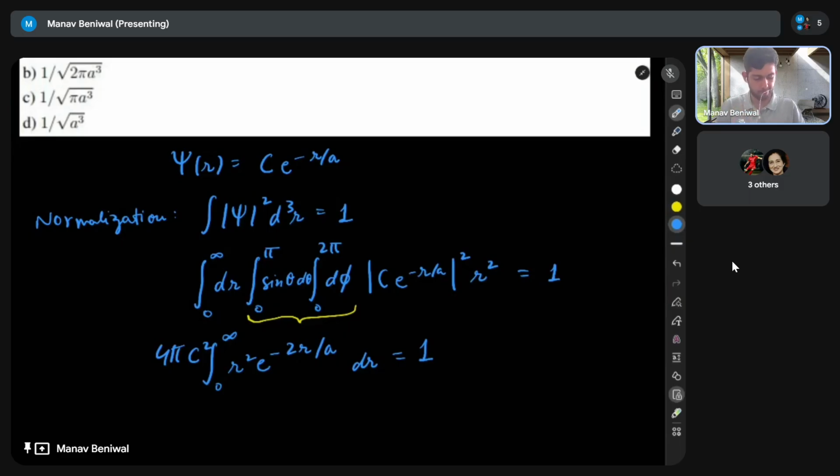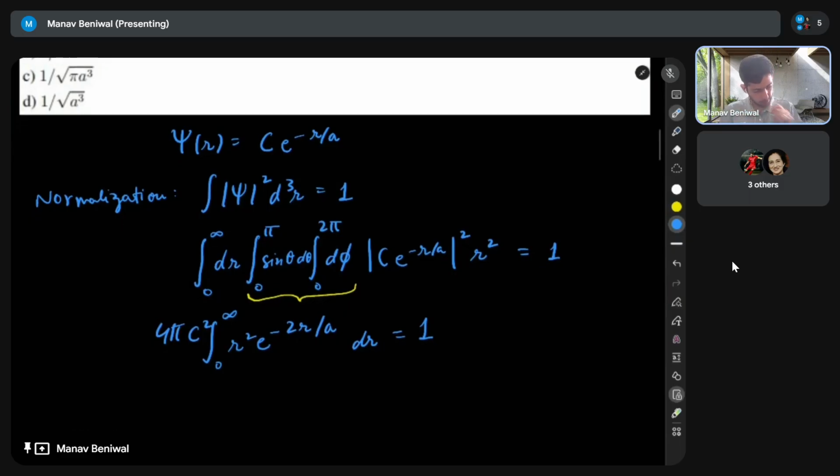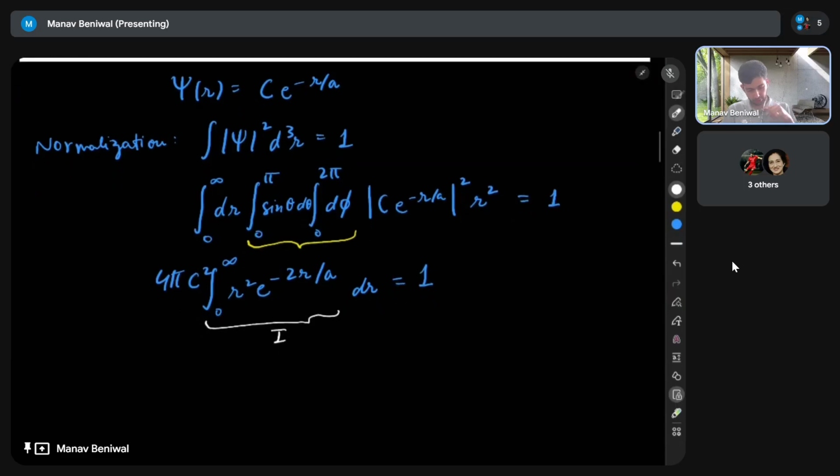So now let us call this integral I. If you know gamma functions, then you already know that this I is nothing but (a by 2) cube and gamma 3. So gamma 3 will be nothing but 2 factorial, which is just 2.